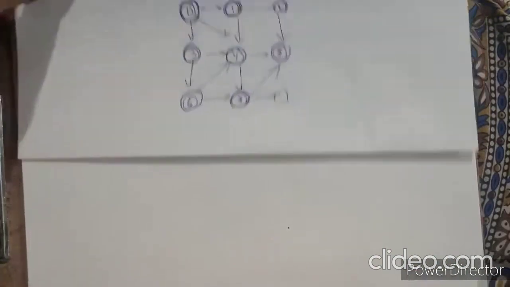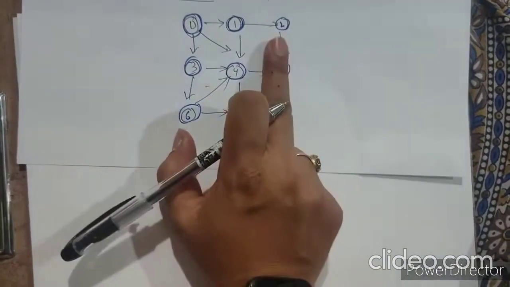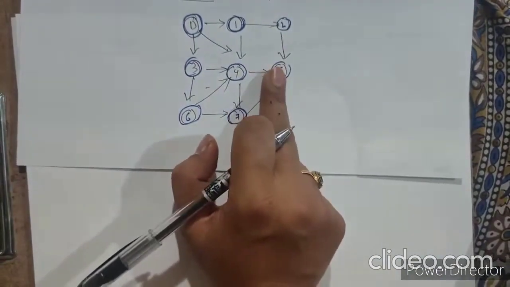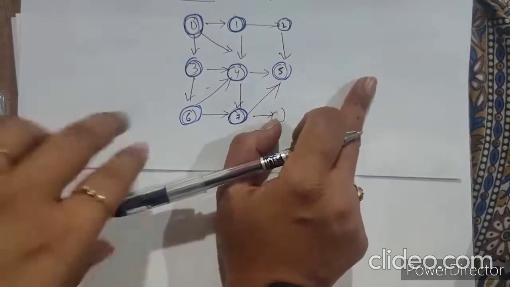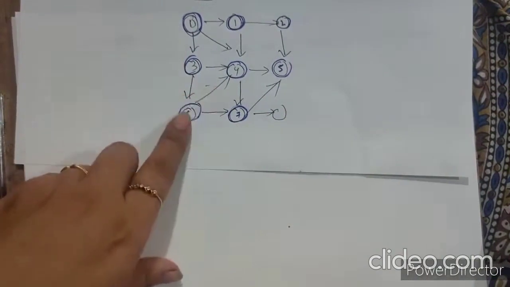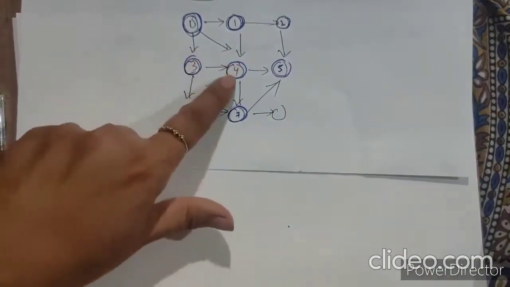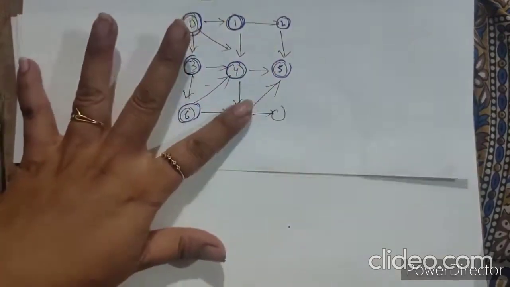We can see that vertex 5 is adjacent to vertex 2, but it has already been visited, so we will ignore it and proceed further. Now the vertices adjacent to 6 are 4 and 7, which have already been visited, so this is also ignored.